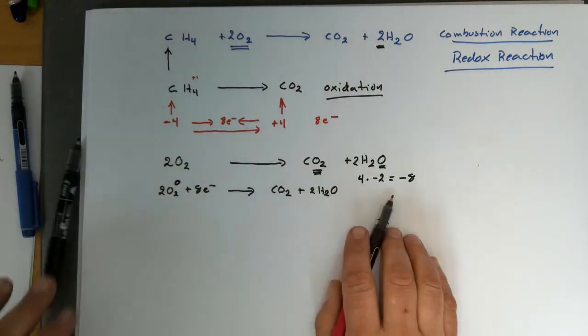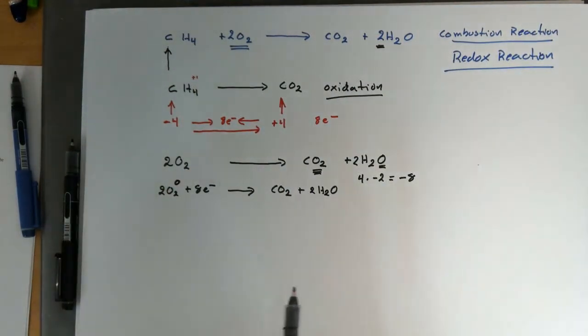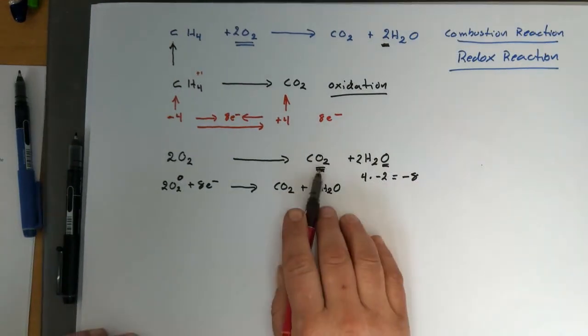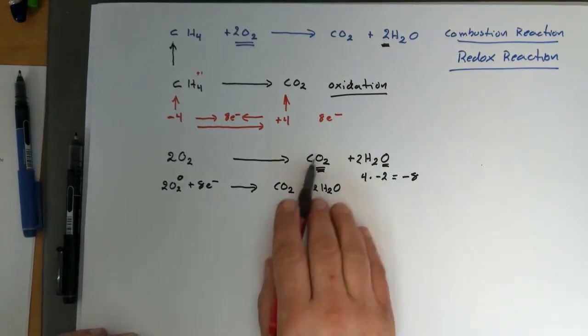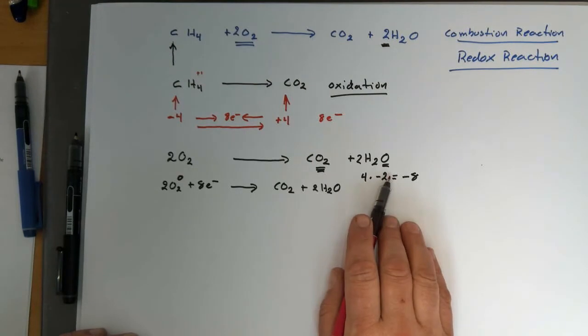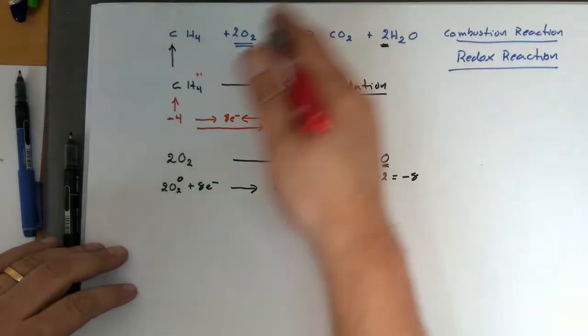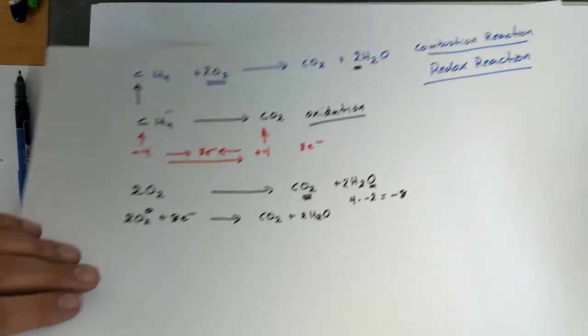But here, excuse me, here we have a total of 8 minus charges. So this is one way of explaining how combustions work.